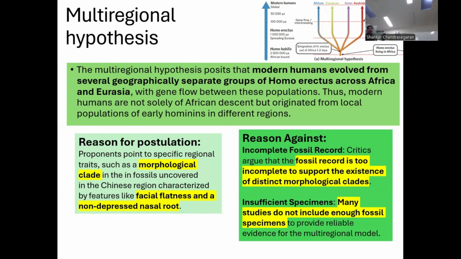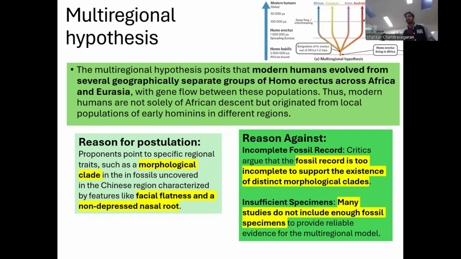And this was thought to have indicated that maybe when Homo erectus migrated to the different regions, there was evolution that drove them to a specific morphological clade, and after that, gene flow and interbreeding emerged to bring those humans out as well, to bring out Homo sapiens as well.